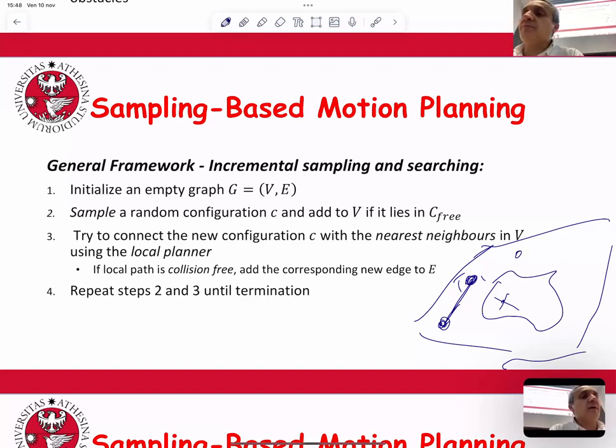Then you keep sampling another point, suppose this, and then you try and see what is the closest node, and then you try to see if it's possible to make this connection, and so on and so forth, right? So that's pretty much the way it works.